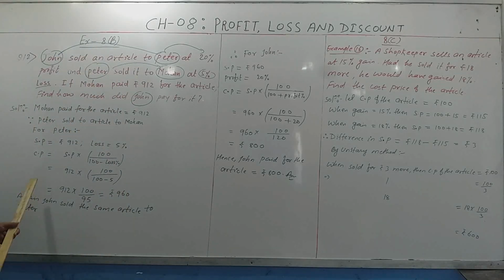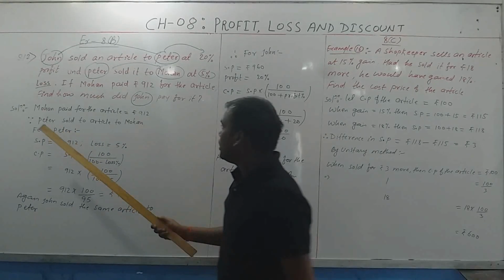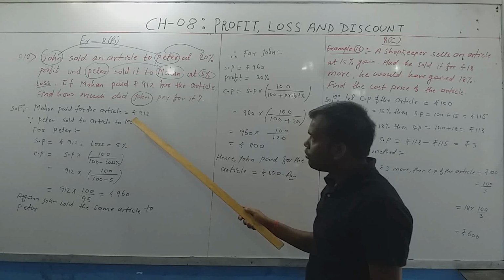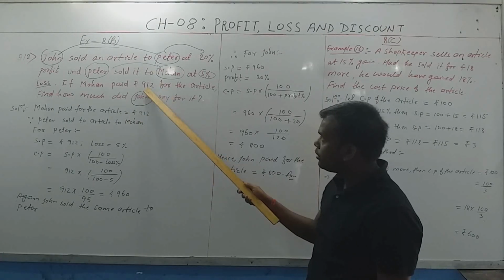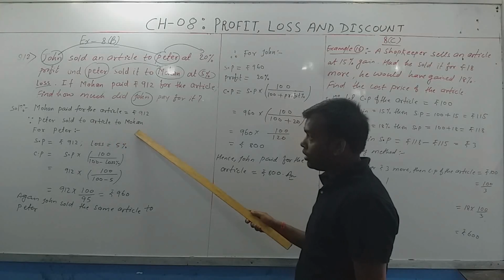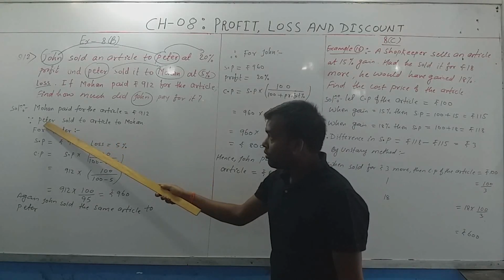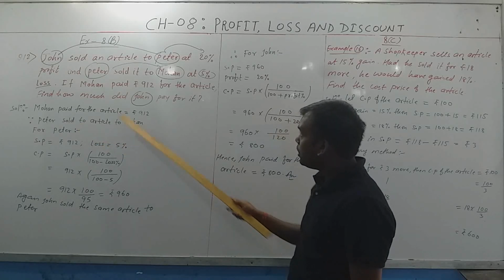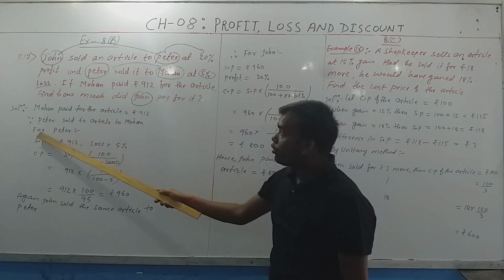See, first, we have been provided that Mohan paid 912 for the article. Peter sold the article to Mohan, so first find for Peter.